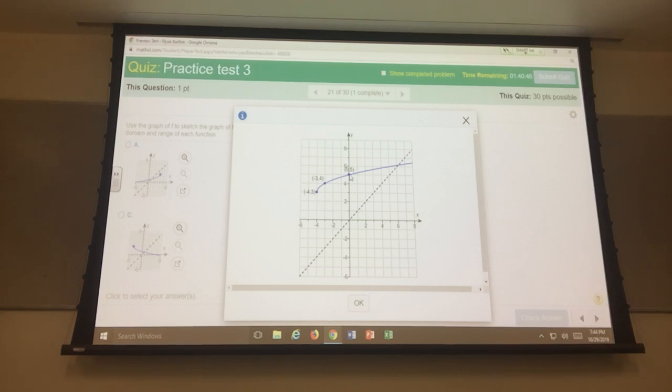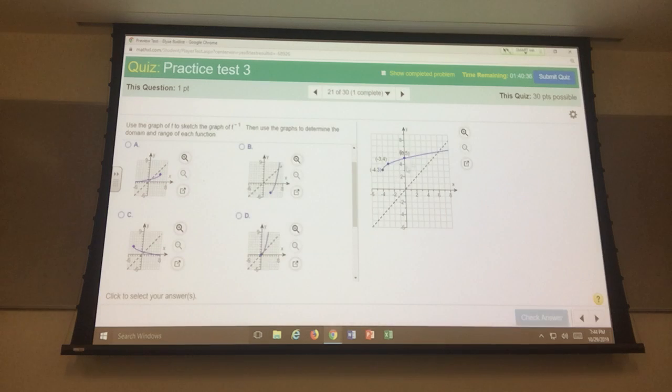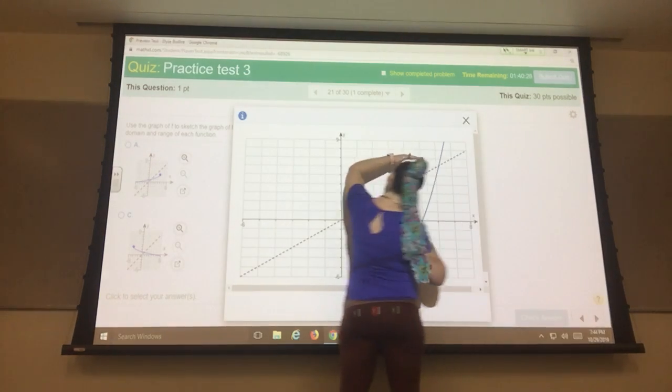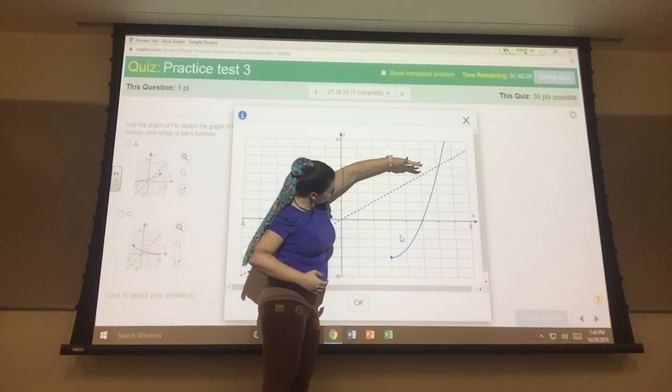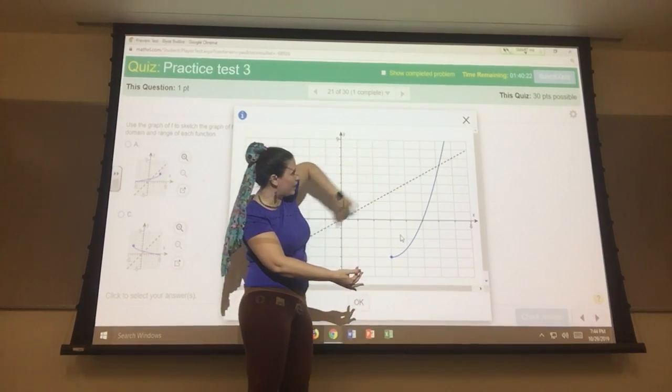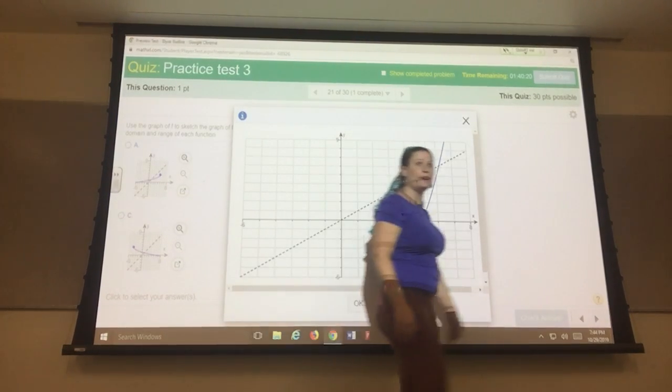Instead of 0, 5, it has 5, 0. So instead of here, it would be here, right? So that means it is B. See how, if we kind of remember what it looked like, they're just mirror images of each other around the y equals x line. Okay?